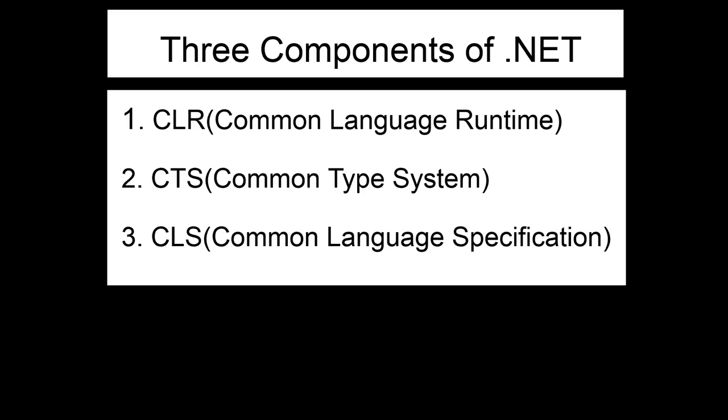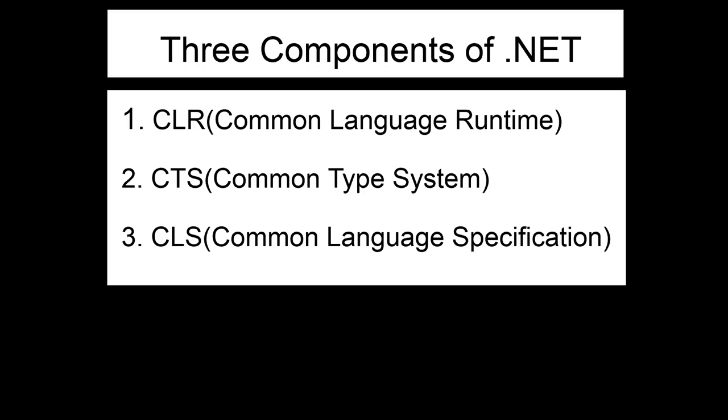There's a CLR layer, there's a CTS layer, and there's a CLS layer. The CLR layer is the runtime layer of the .NET base library. CLR stands for Common Language Runtime.